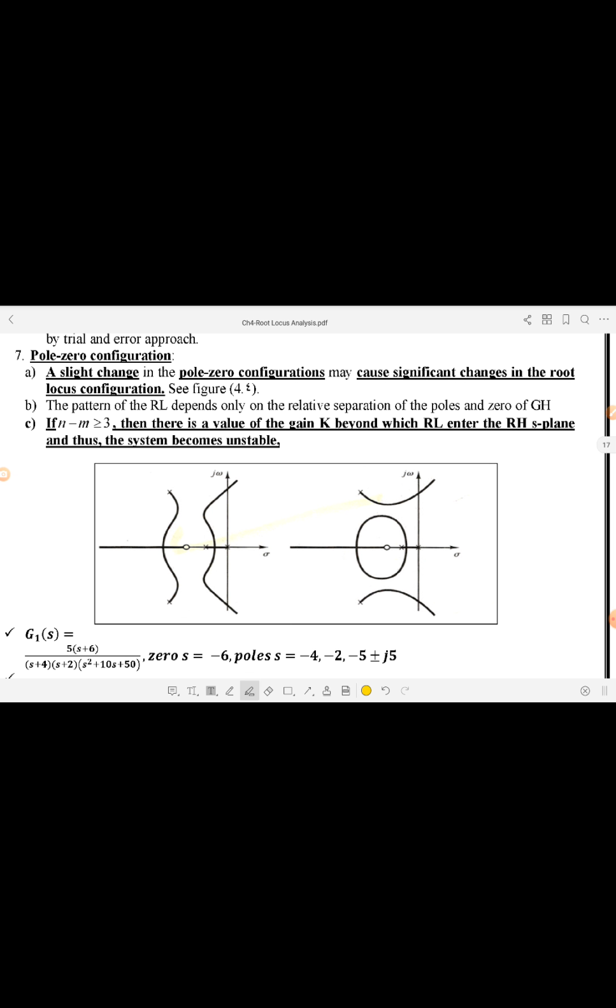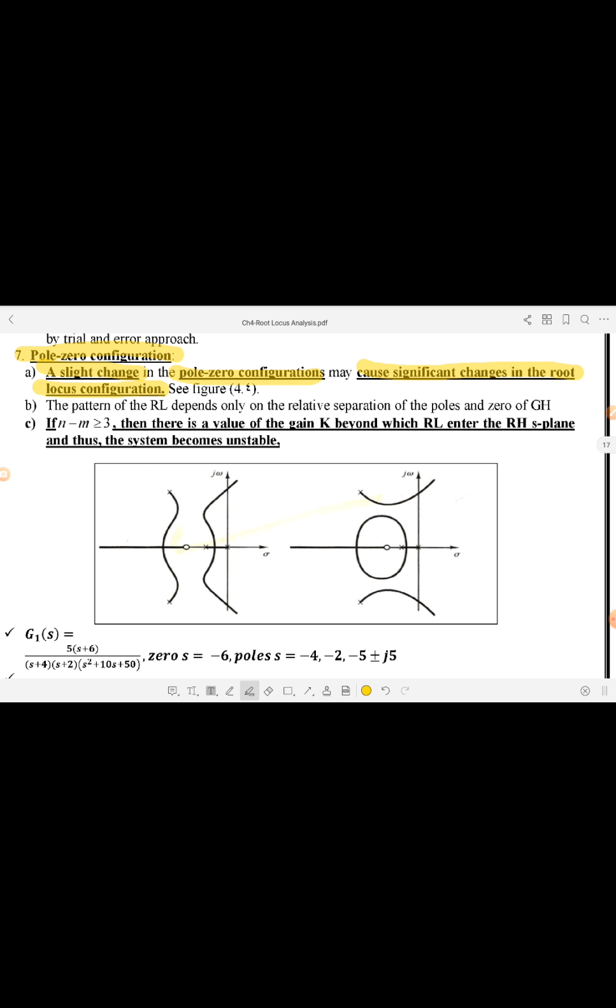And one important note in this regard, which shows the sensitivity of the root locus to certain configurations, is that in some cases, and it rarely happens, a slight modification in the pole-zero configuration might produce significant changes in the root locus drawing.